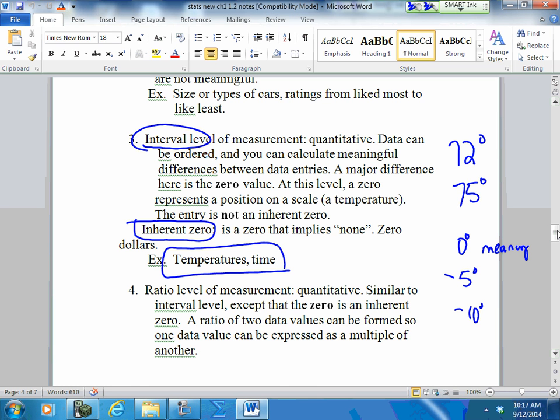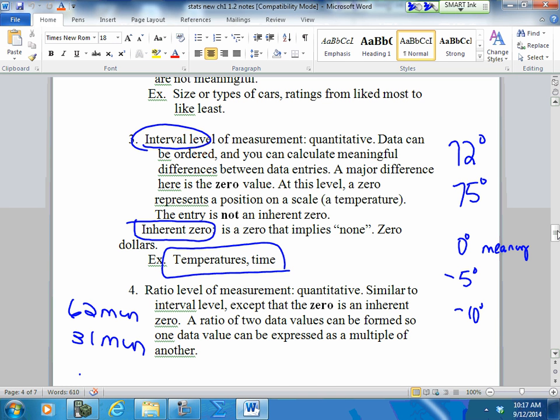However, time, if they say this took me 62 minutes, and it took you 31 minutes, can I now say I'm twice as slow? That you did it in half the time? It took me twice as long?